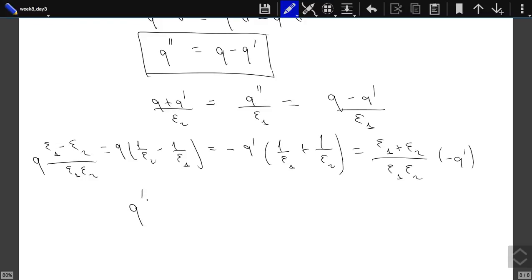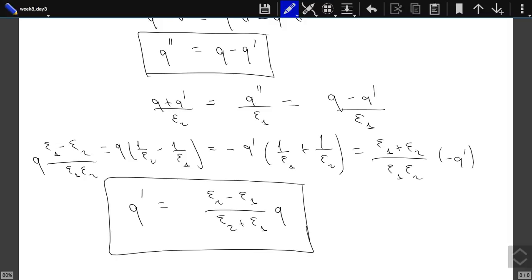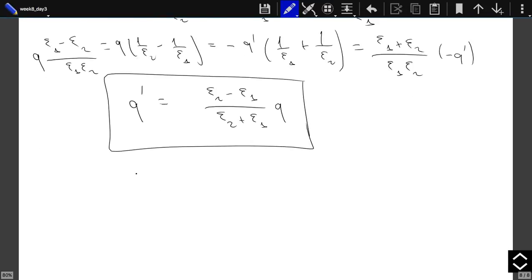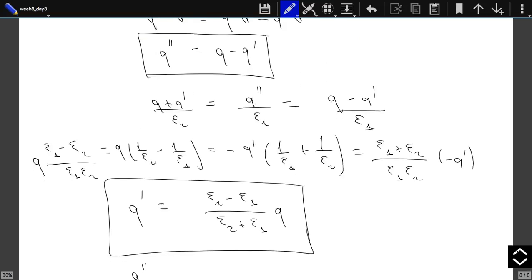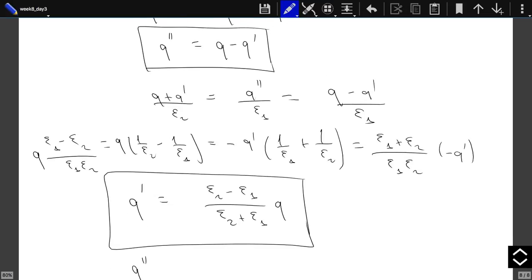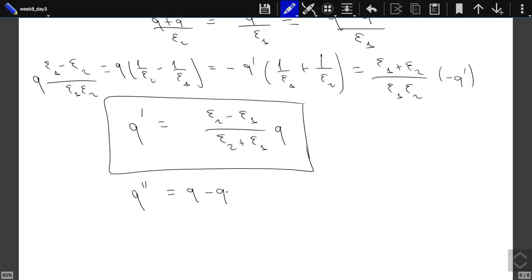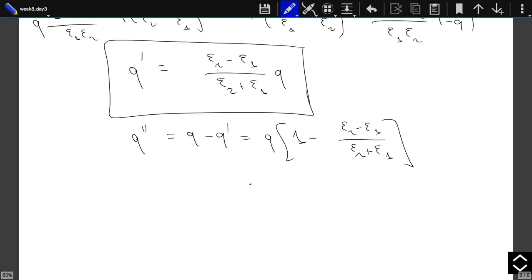So Q prime is just epsilon 2 minus epsilon 1 divided by epsilon 2 plus epsilon 1 times Q. Q double prime is equal to Q minus Q prime, Q times 1 minus epsilon 2 minus epsilon 1 divided by epsilon 2 plus epsilon 1, which is twice epsilon 1 divided by epsilon 1 plus epsilon 2 times Q.